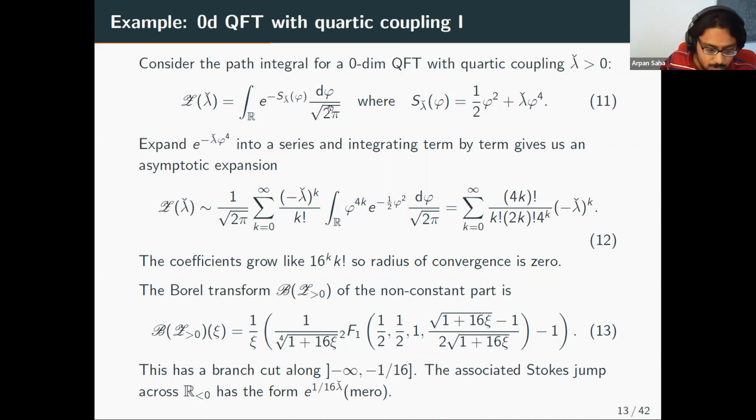Now the perturbative expansion about the vacuum via Feynman diagrams amounts to expanding e raised to the quartic term into a series, the usual series of the exponential function, and then doing this integral term by term. The result gives you an asymptotic series for the path integral with zero radius of convergence.